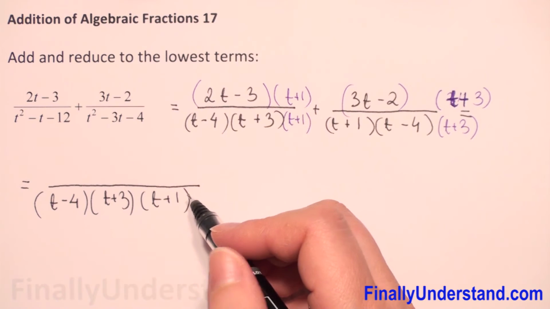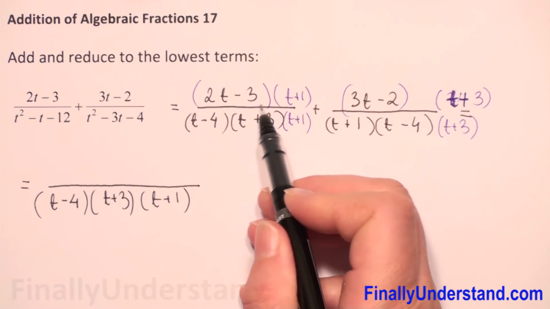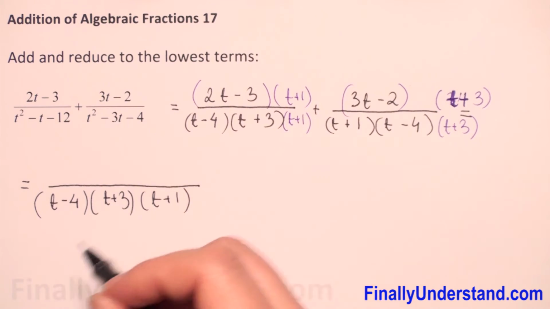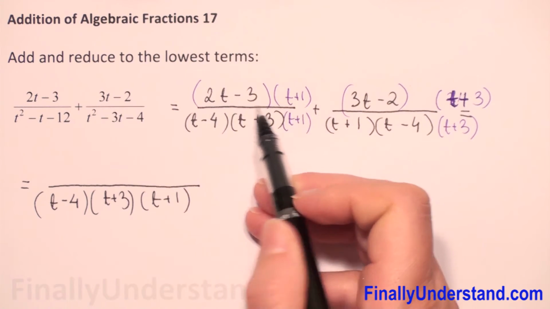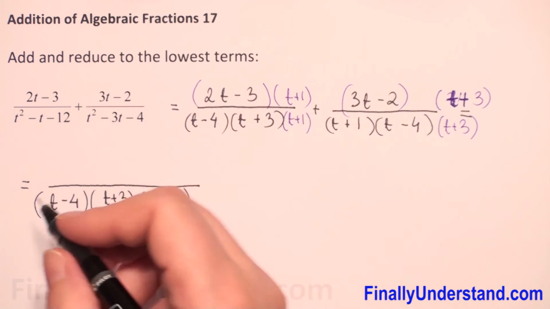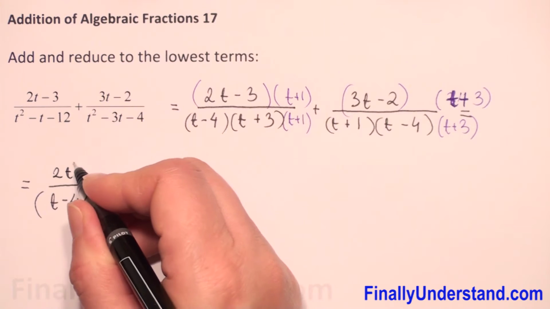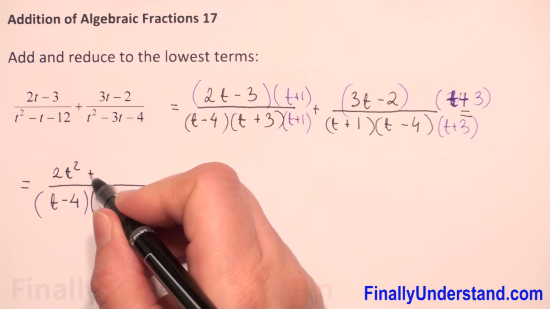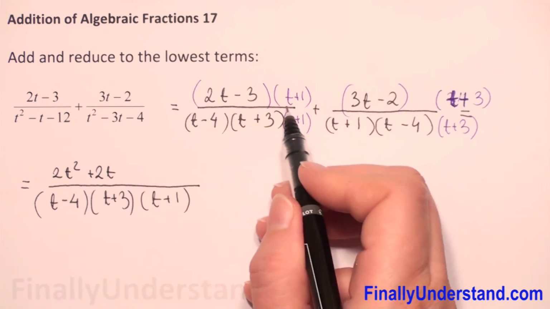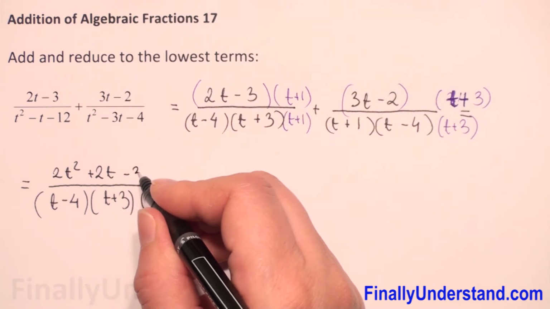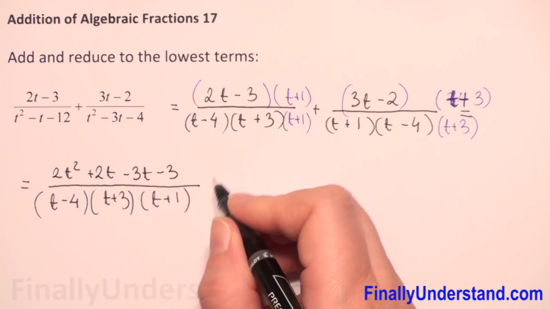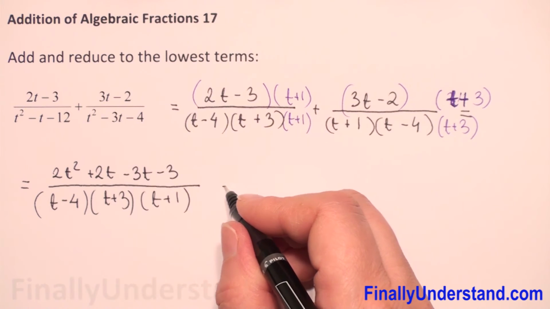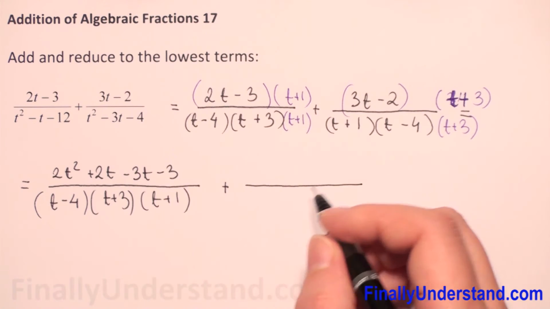So we can now do multiplication in the numerators. Every expression in the first parenthesis by every expression in the second parenthesis. 2t times t is 2t squared, 2t times 1 is 2t, negative 3 times t is negative 3t, negative 3 times 1 is negative 3. This is our first algebraic fraction, plus the numerator.